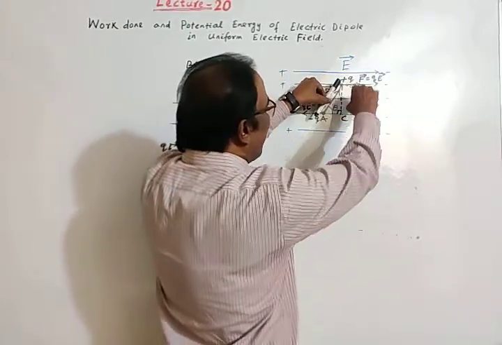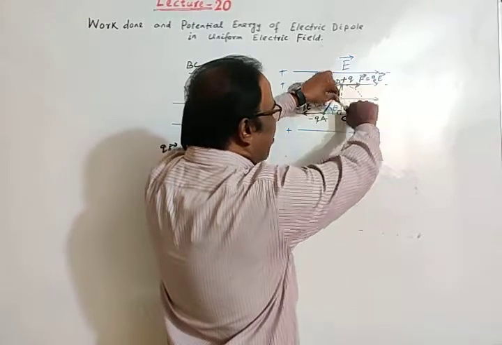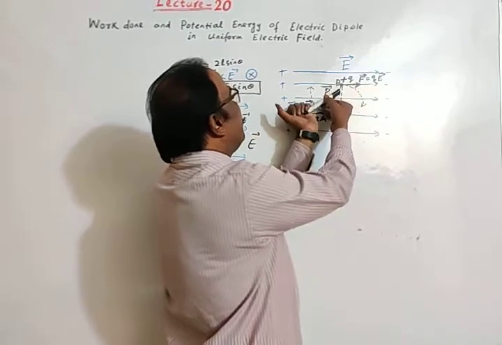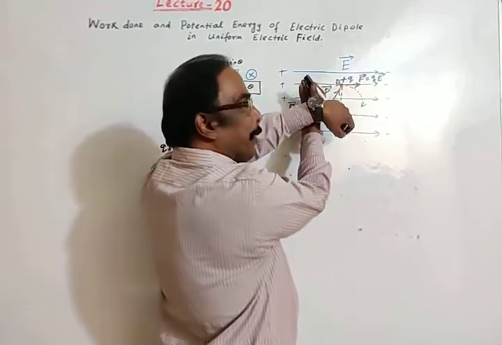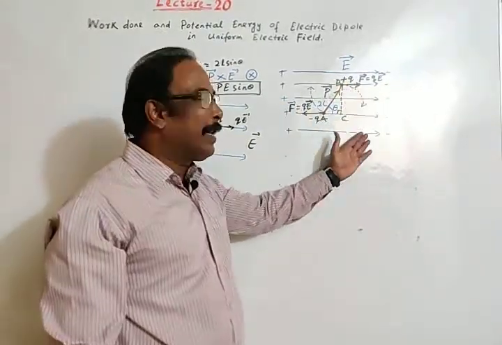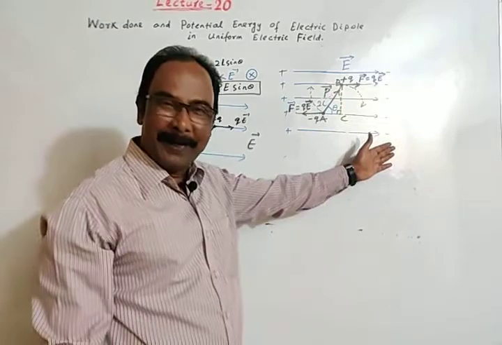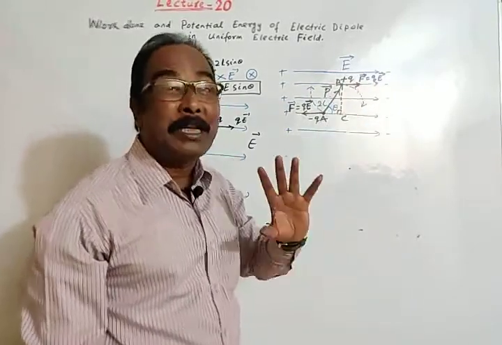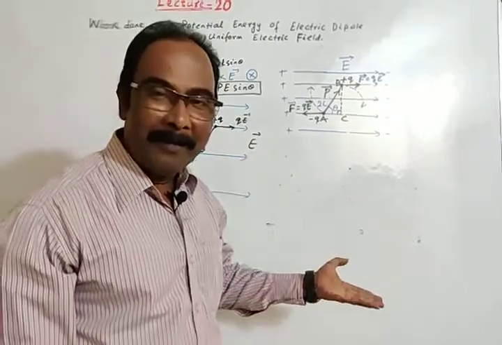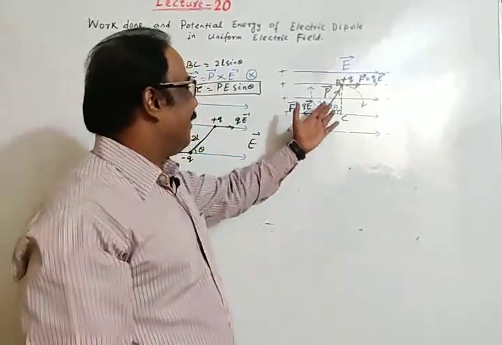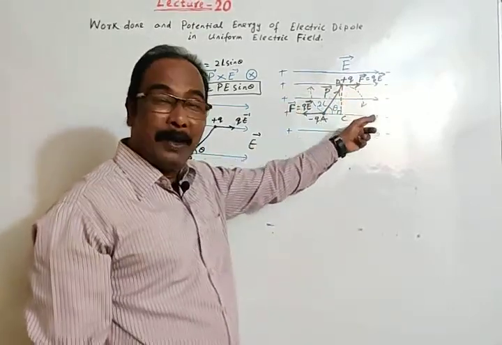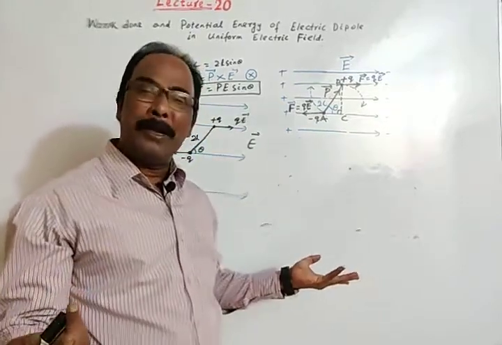You keep the dipole and apply the force towards left, it will tend to rotate the dipole in clockwise order. So if the dipole is rotated in clockwise order due to the torque experienced by it by virtue of the electric field, then the sense of rotation is clockwise, and torque produces clockwise rotation.